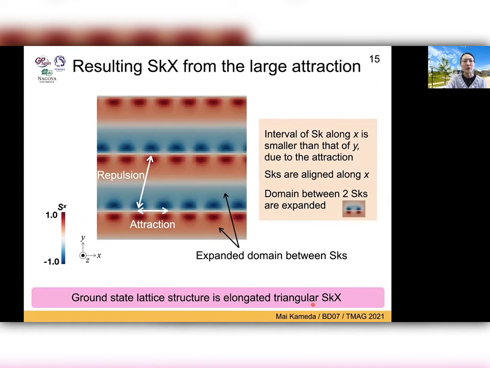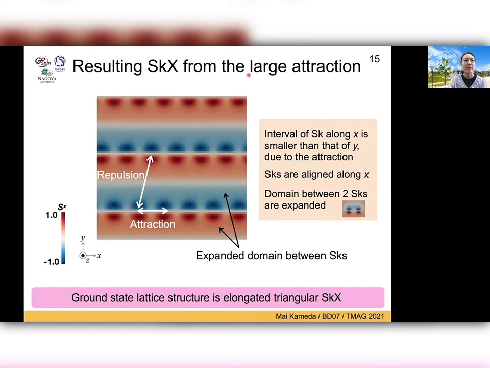Given that the large attractive interaction, as large as J, appears in some relative direction, we expect that the interaction may affect the SKX structure. Indeed, this is true, especially in the vicinity of the SKX-FM phase boundary, where the skyrmion excitation energy and the attractive interaction may be comparable.